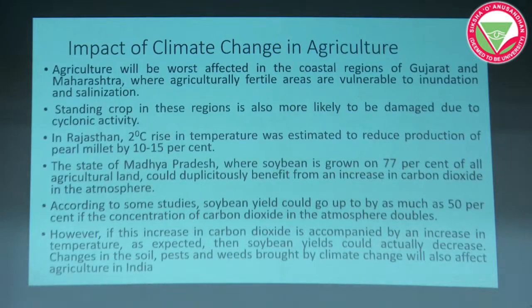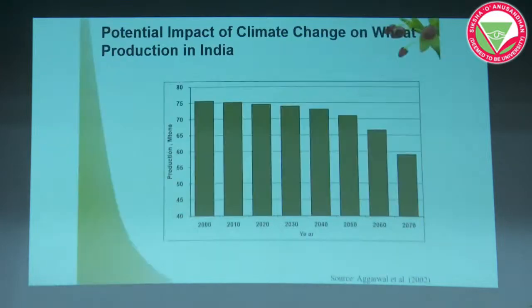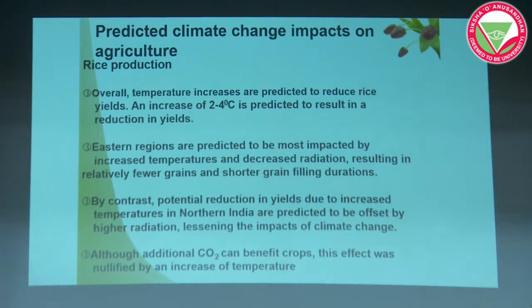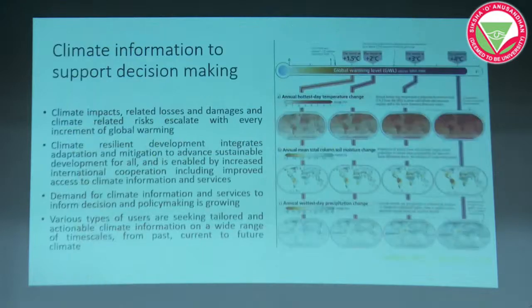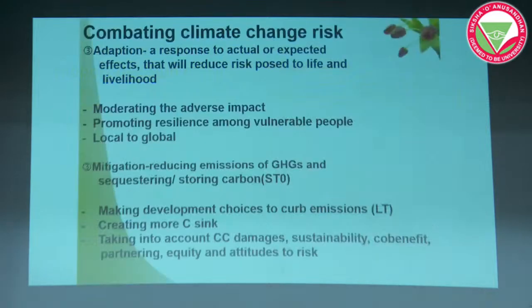As far as agriculture is concerned, I will show some figures of how climate change will reduce wheat and rice production in the country and in which regions, and also how climate information gives decision support in terms of climate impacts, climate resiliency, demand for climate information, the various types of users and how they will use it, and different types of adaptations and mitigations.